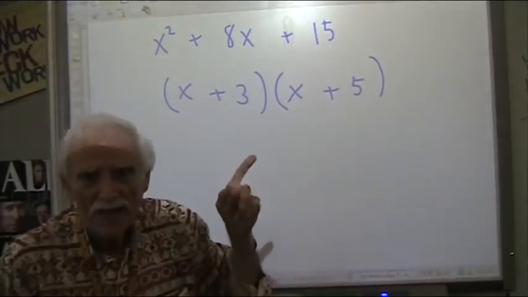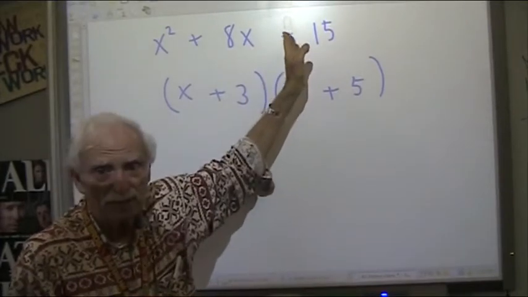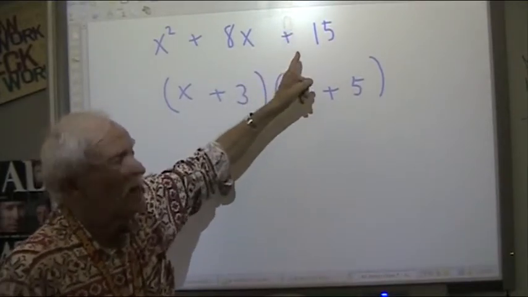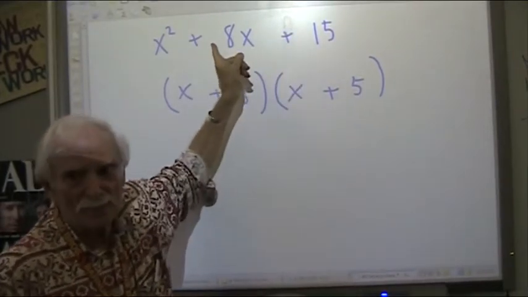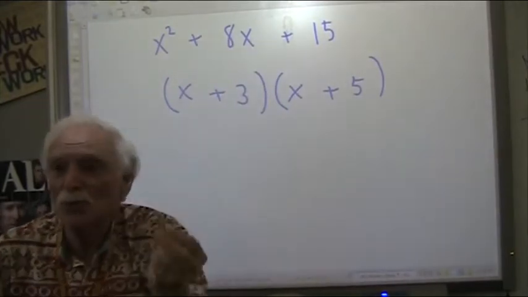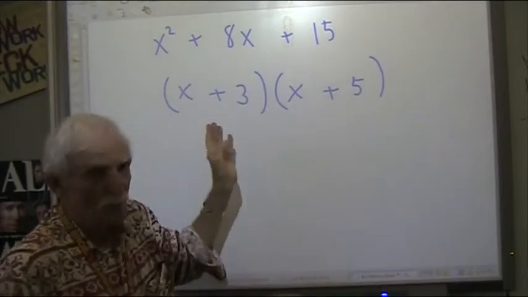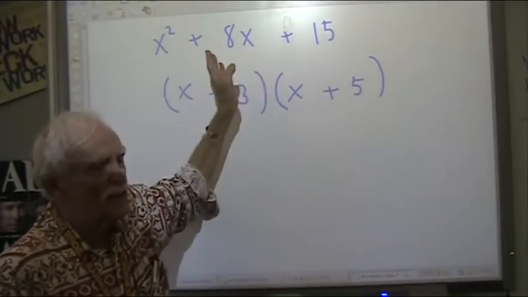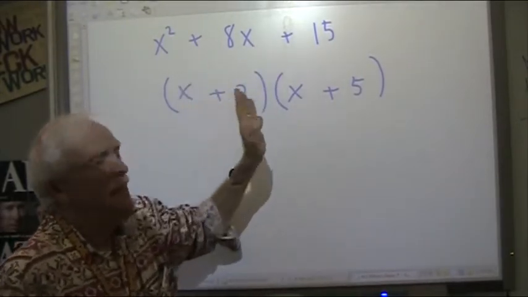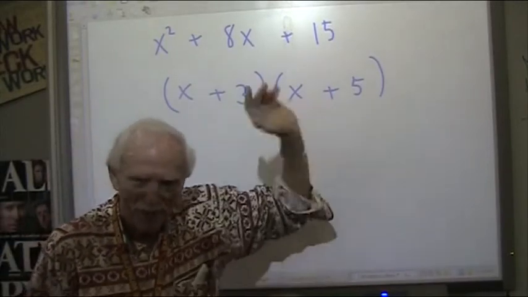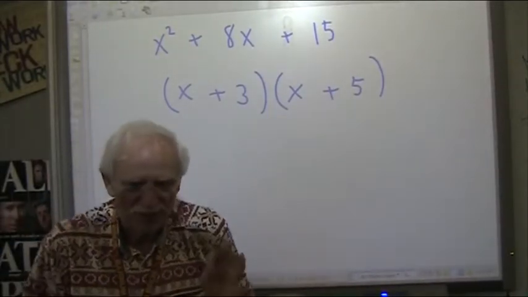In this case, the central term is a plus, so I'm going to use those two plus factors. So you must state that the factors you're going to use are plus 3 and plus 5, and enter them in.